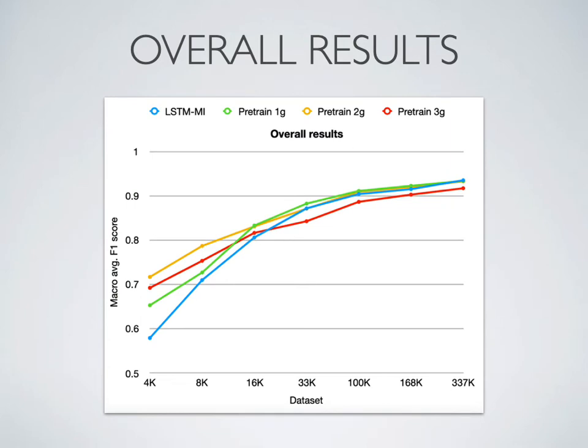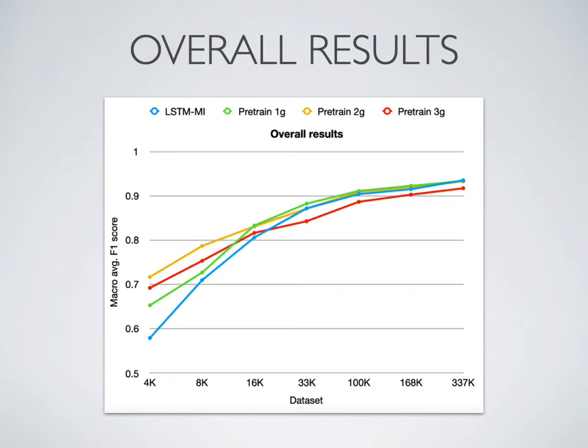And in this slide, we see the overall results in terms of macro-averaged F1 score across the 25 DGA classes plus the Alexa. We immediately see that we do have an improvement in performance, in particular with the smallest dataset, where the pre-trained 2-gram model provides a 1.5 improvement in accuracy.